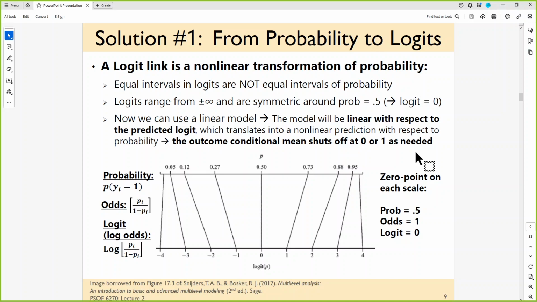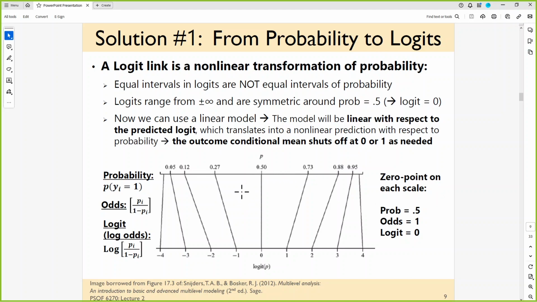As Sergio said, and you can see here, for example, when we have a probability of 0.5, in terms of odds that's 1 because it is 0.5 over 0.5. If we take the logit of that 1, that's 0.